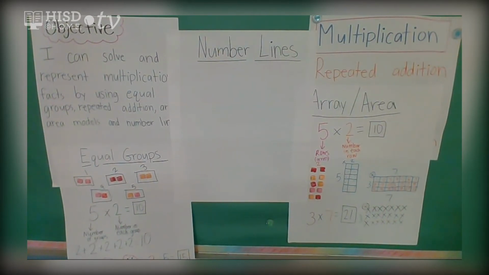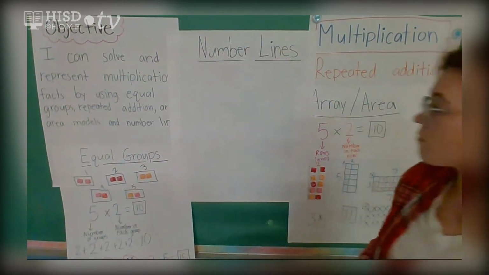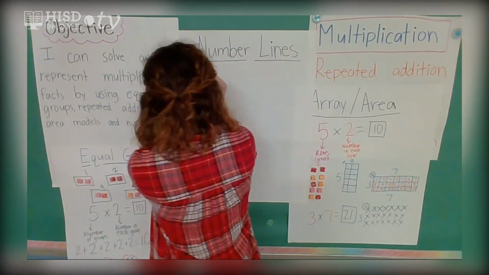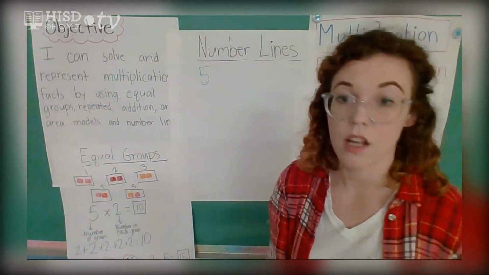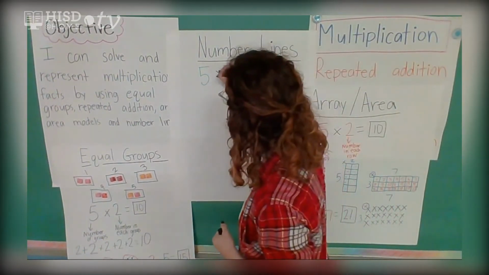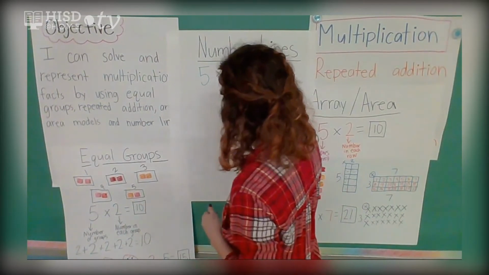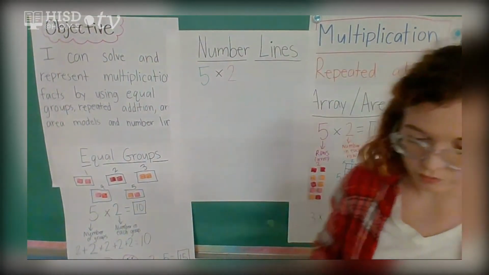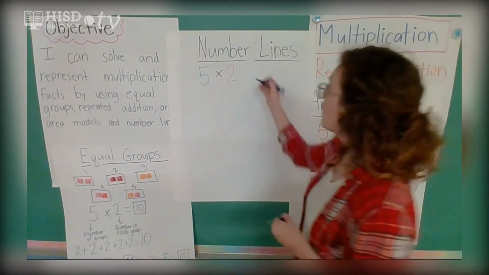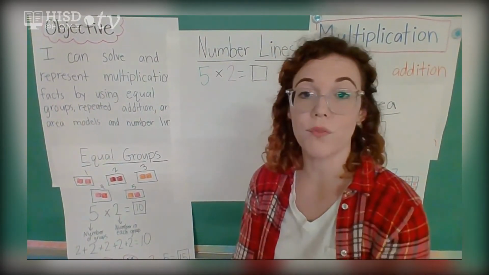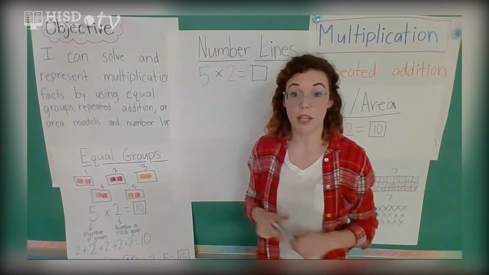We have 5 times 2 equals blank. And the 5 stands for how many jumps on the number line I'm going to make.